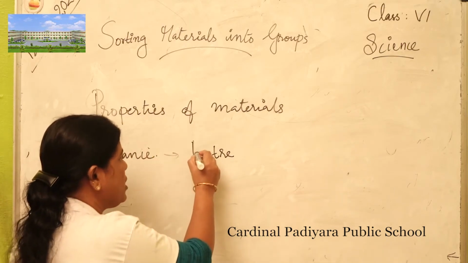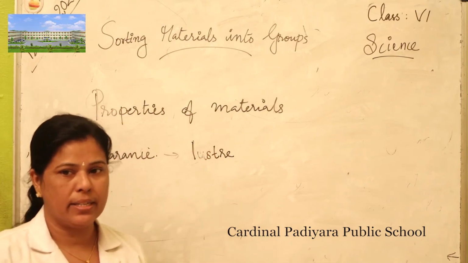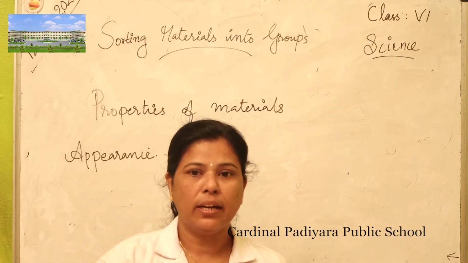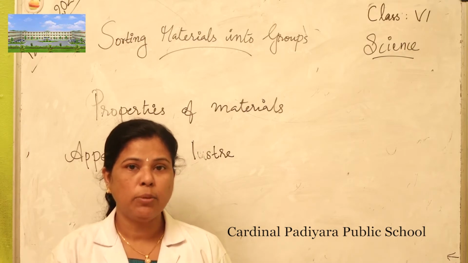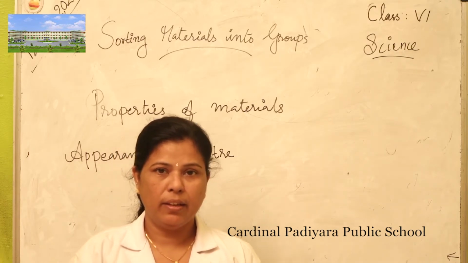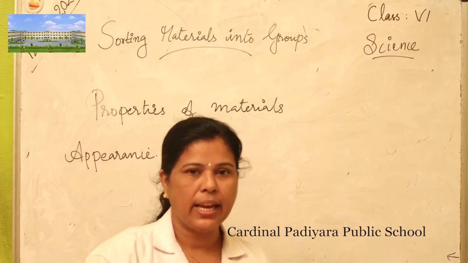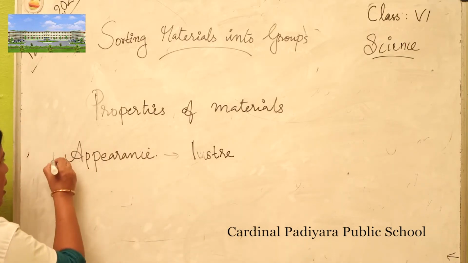Metals show a lustrous appearance and non-metals a dull appearance. This is the first property of materials. The second property is hardness.